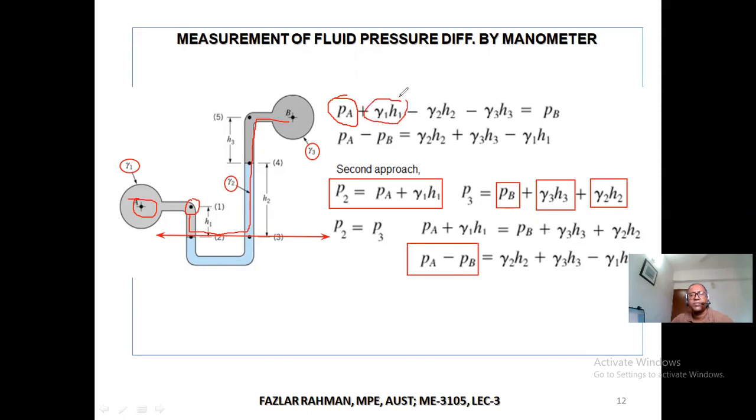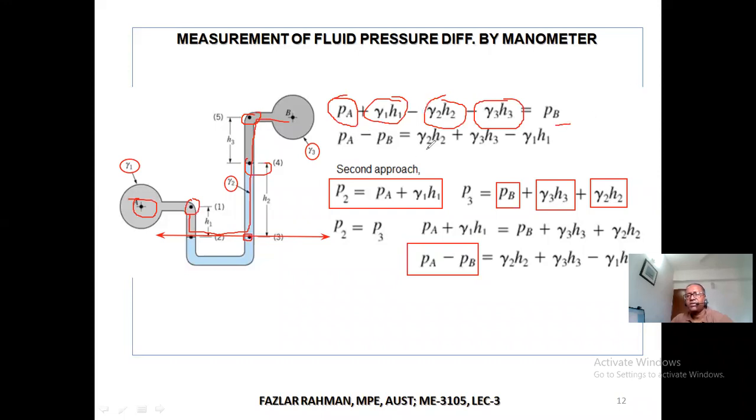Then you come over here, now you're moving upward by height H2, so minus H2 gamma 2. Then from here, you walk this much, gamma 3 H3, minus because you are moving upward. You come over here, that means you are at point B, so equal to the pressure at point B.